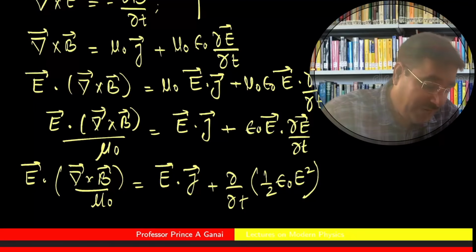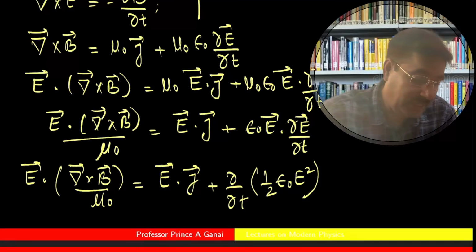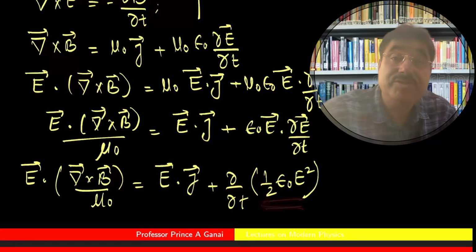Fine. So that means I can write E dot del E by del T as del by del T of 1 by 2 epsilon naught E square, right? And this reminds you of something interesting. This is your electric energy density. It is the energy density of the electric field.